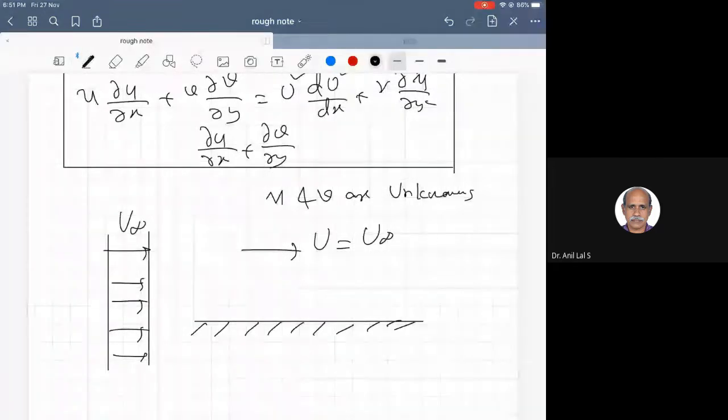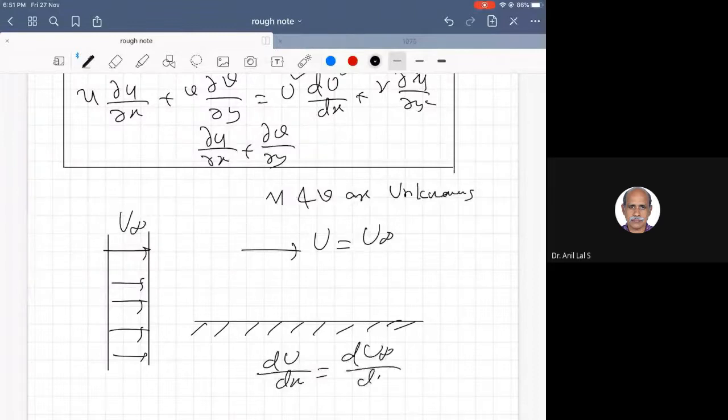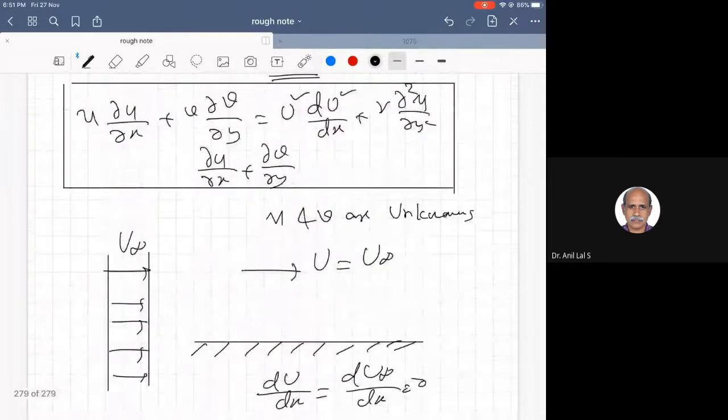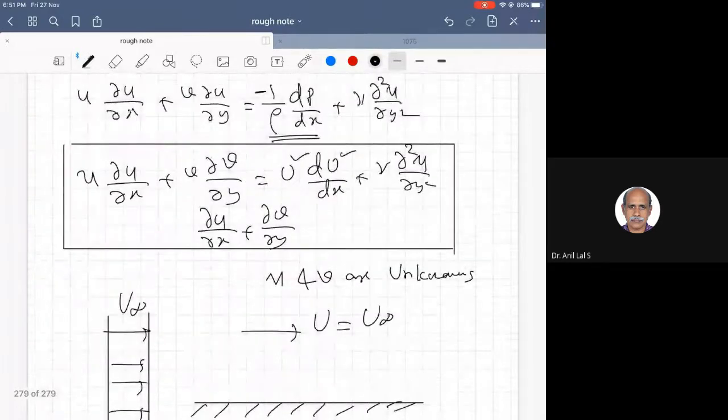So dU by dx will be equal to dU infinity by dx, that is equal to 0.